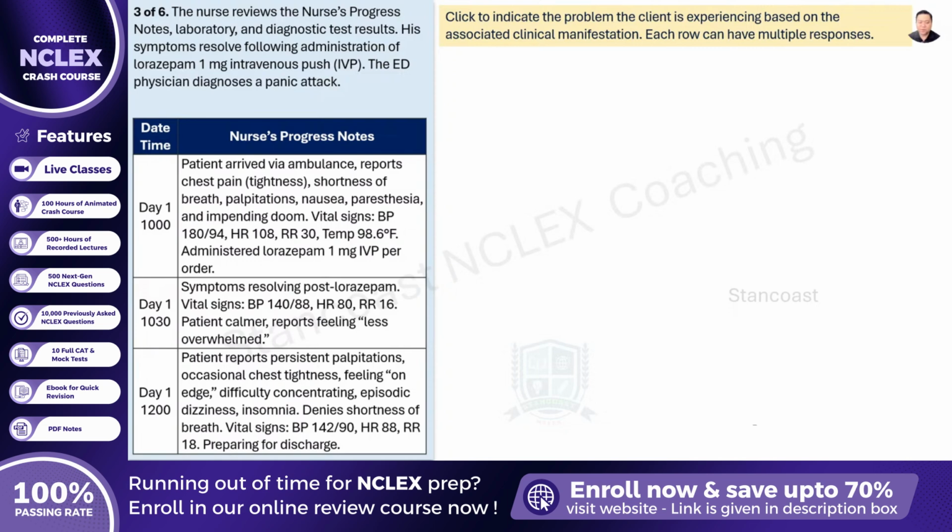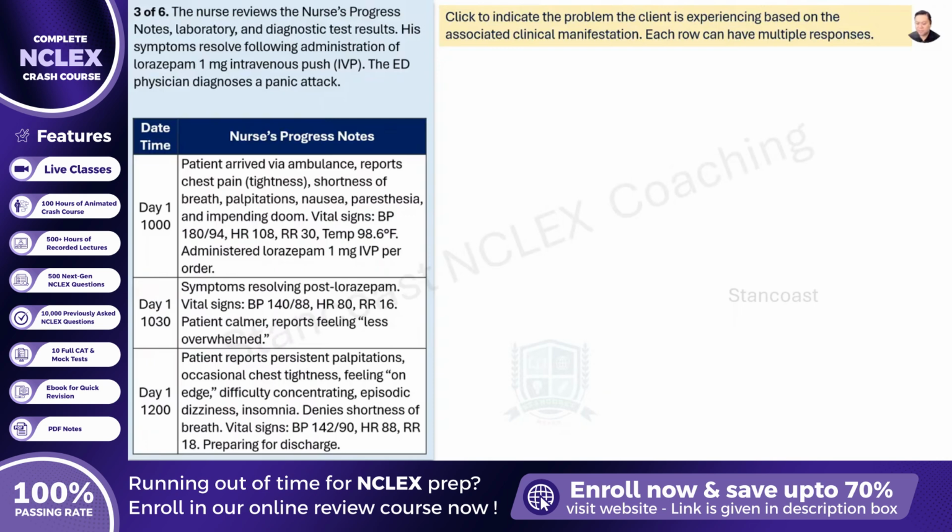So, looking into the nurse's progress notes here, around 10 a.m., let's jump into 10:30 documentation, where it says, symptoms resolving post lorazepam, vital signs blood pressure 140/88, heart rate 80, respiration 16, patient calmer, reports feeling less overwhelmed.